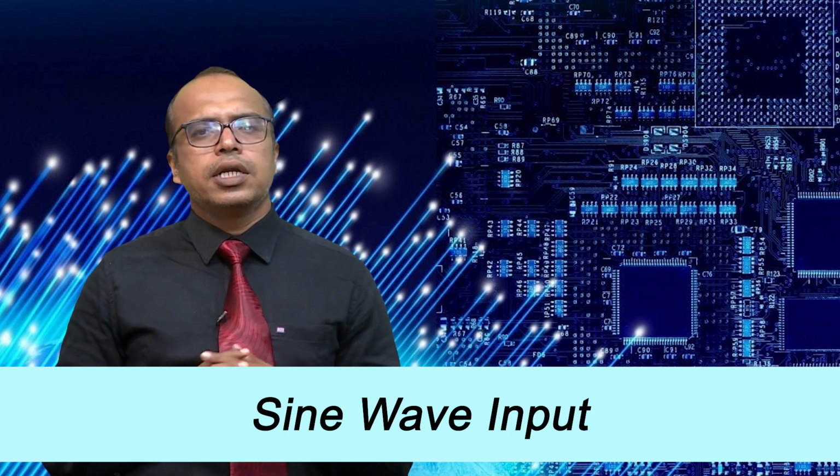Input signal: a step function, basically a sudden change in voltage. The behavior of the differentiator: when a step input signal is applied, the differentiator responds by producing a spike in the output voltage.